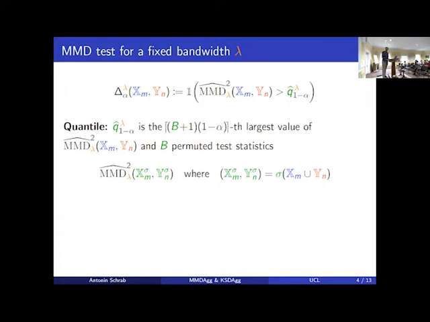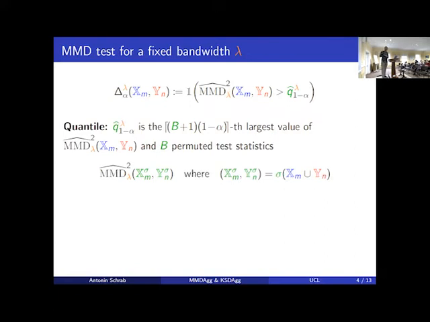We can do this by using permutations. Essentially, we take all the points, put them all together, permute them, and then split them in two separate sets again. Because we've done that, they'll have the same distribution. And that's what we want to simulate, that X_m and Y_n have the same distribution.